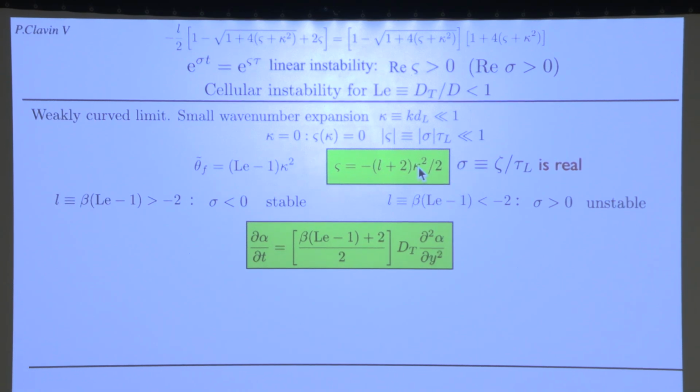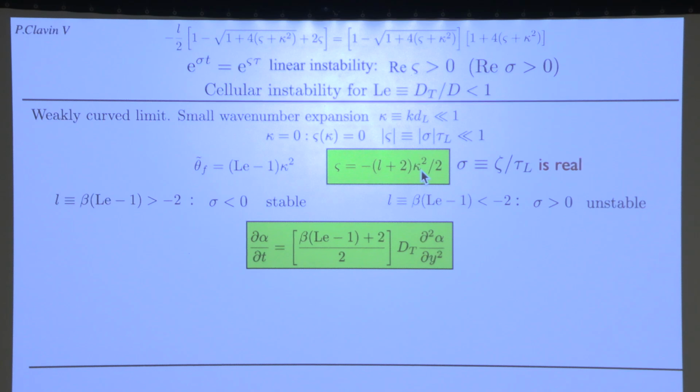Kappa square is small, and so the rate is also small. And here is the relation that you have in this limit for the reduced growth rate in terms of the reduced wave number.